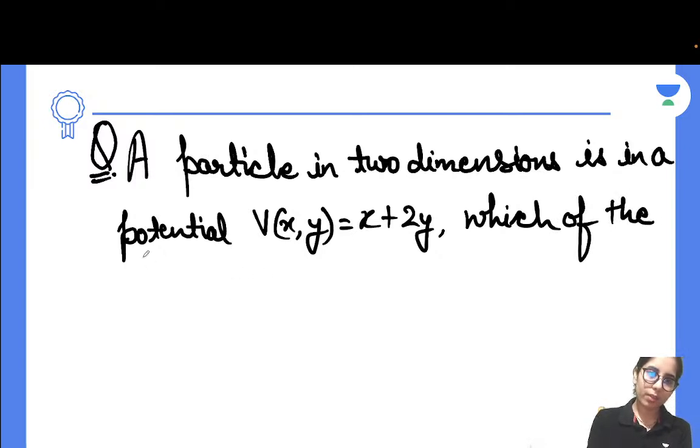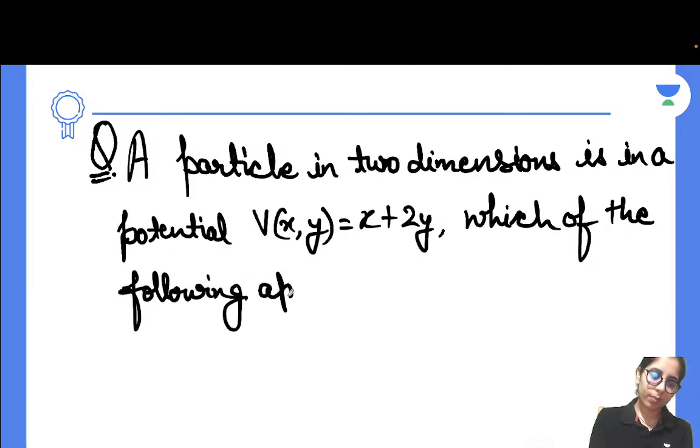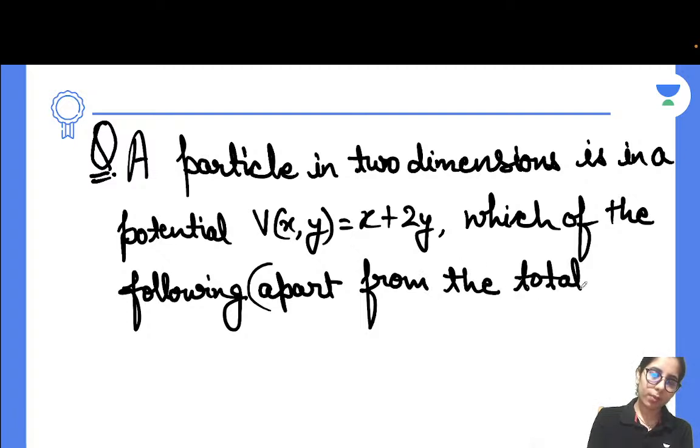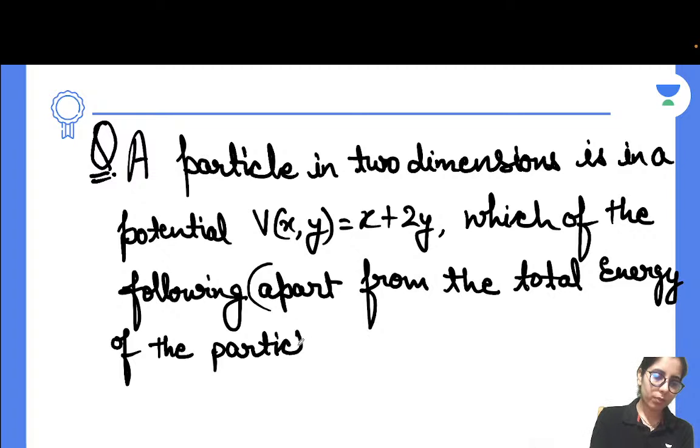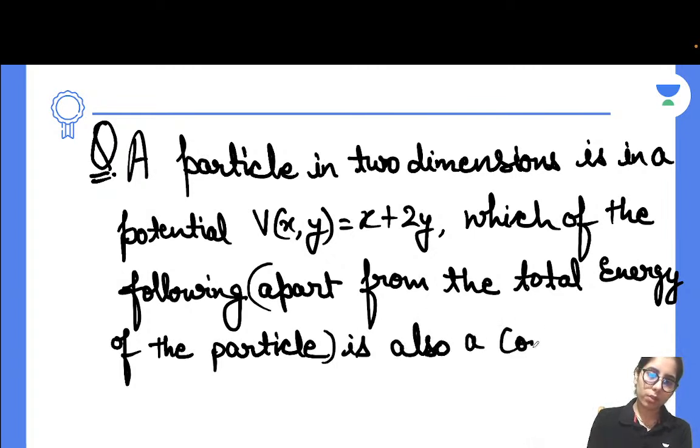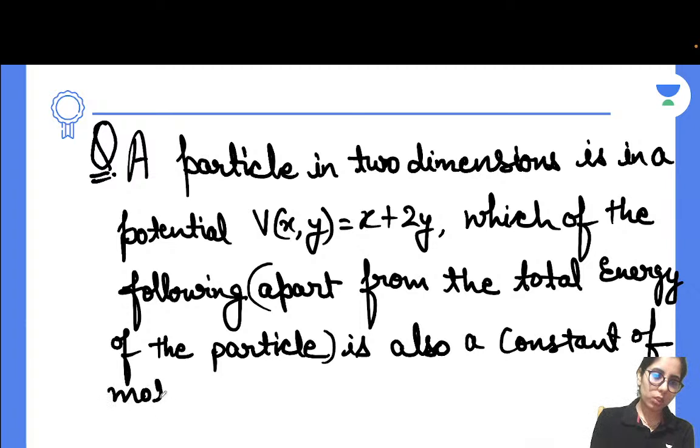Which of the following, apart from the total energy of the particle, is also a constant of motion?